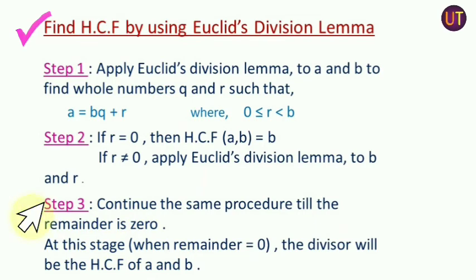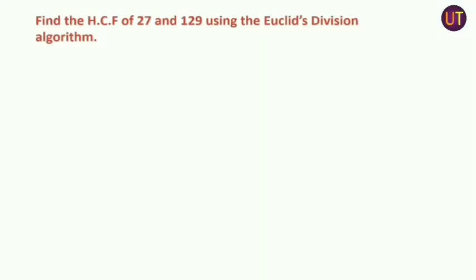Now, let's look at a mathematical example. Find the HCF of 27 and 129 using Euclid's division algorithm. How to solve? Here the larger number is 129 and the smaller number is 27.